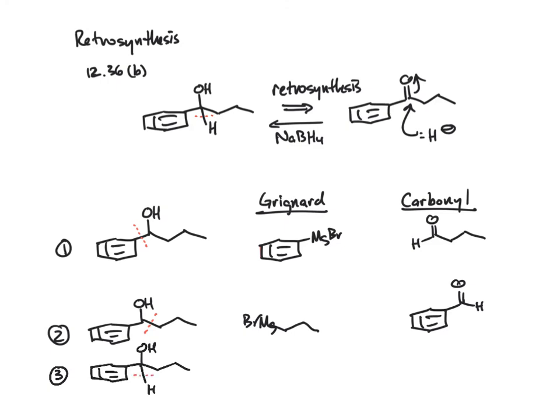So it wouldn't necessarily be a Grignard. It would be sodium borohydride or lithium aluminum hydride. Oh, okay, that makes more sense. And then this one would be a ketone. Sodium borohydride can't reduce an acid, right? It has to be lithium. Yes. Just trying to make sure.